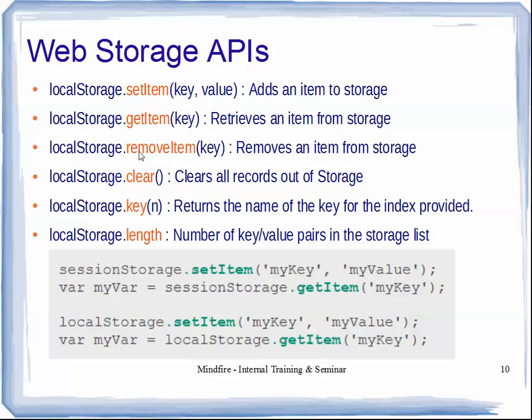In the same way I can use remove item for a particular key, clear to remove all the local storage or session storage. Then I can fetch a particular key. Then also I can fetch the length and loop through all the data available in local storage or session storage. But there is no such API in the case of cookies.